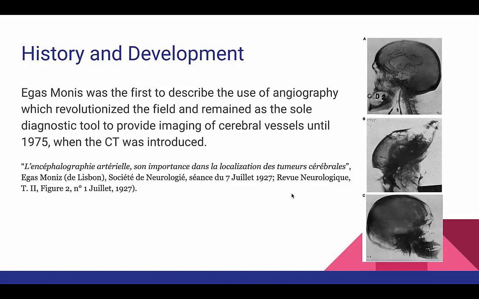In Portugal, in 1927, in Lisbon, a doctor named Egas Moniz was the first to describe the use of angiography, and it revolutionized the field, and it continued to be very important until 1975, and that was when computed tomography was introduced. Until then, what he did carried a grand importance.